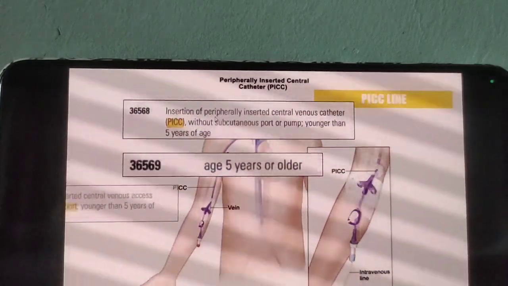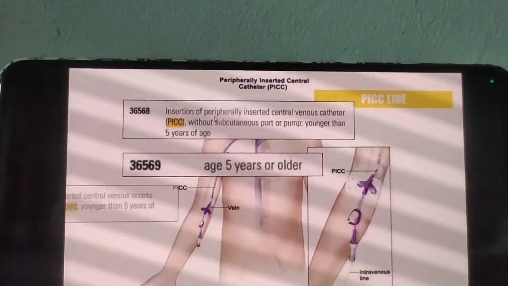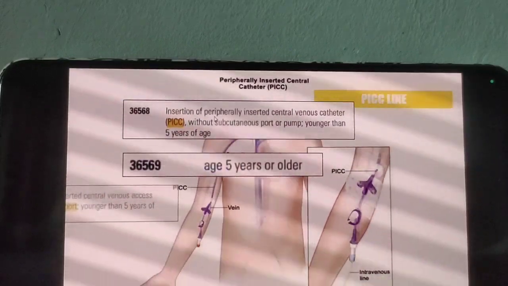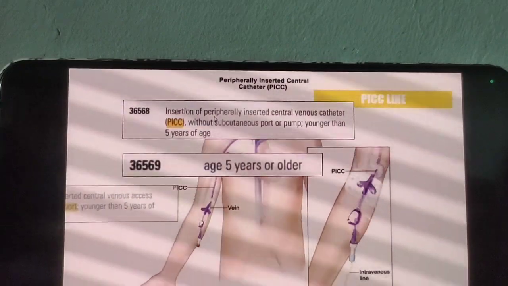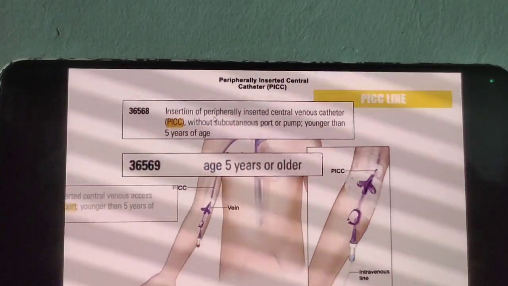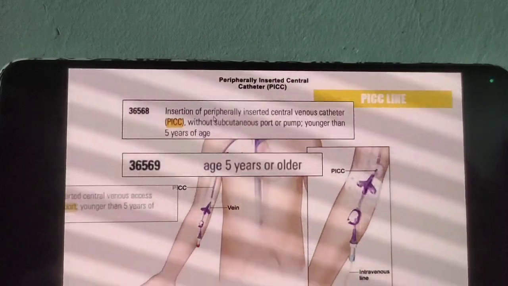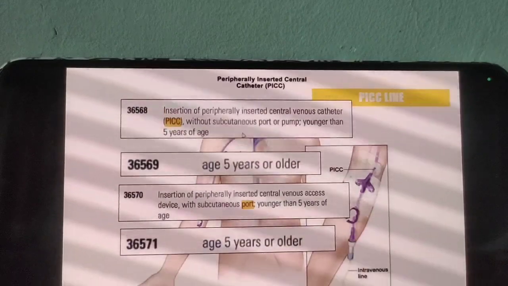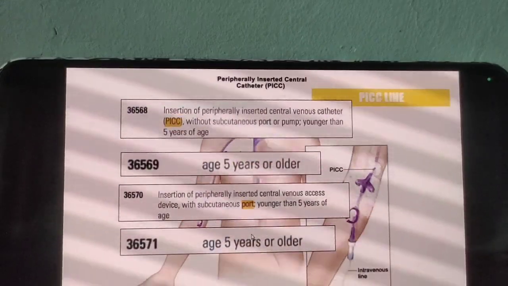So all of these port sections are for PICC. The above two port sections are without port or pump, then the below two port sections are for with the port.